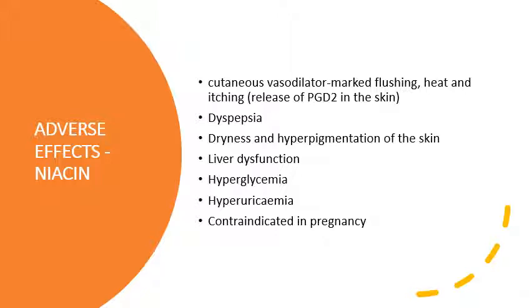Apart from flushing, it causes dyspepsia, dryness and hyperpigmentation of the skin, liver dysfunction, hyperglycemia, hyperuricemia. It is contraindicated in pregnancy. So the most important adverse effect is marked flushing because of cutaneous vasodilatation, which occurs after every dose of niacin.